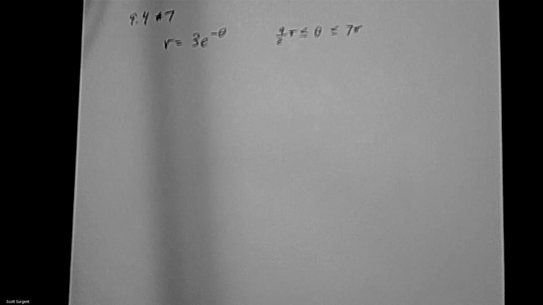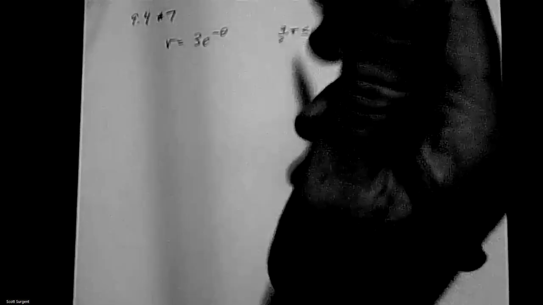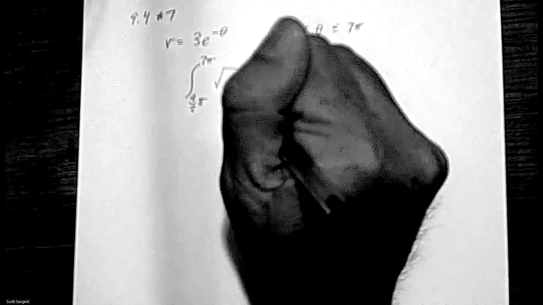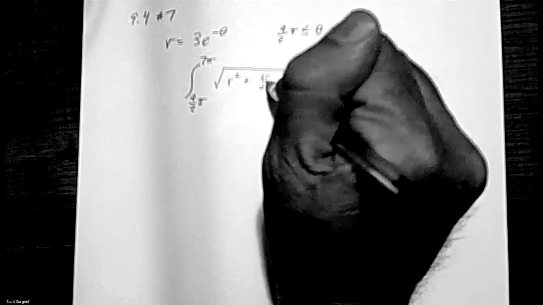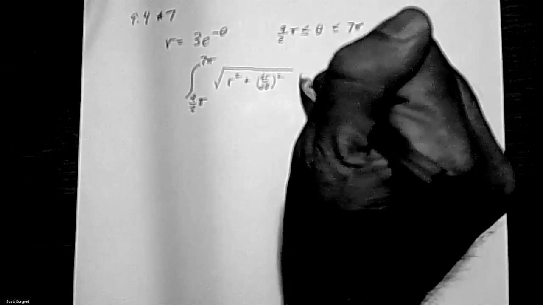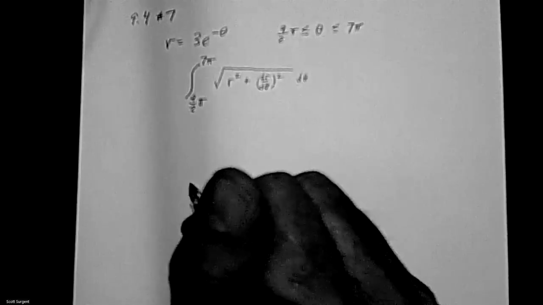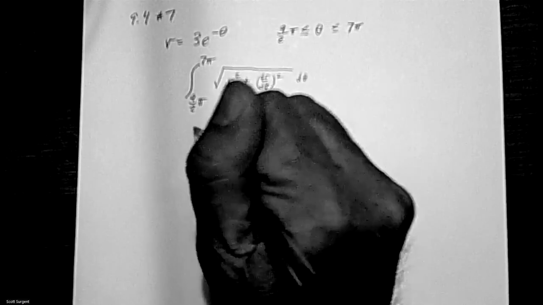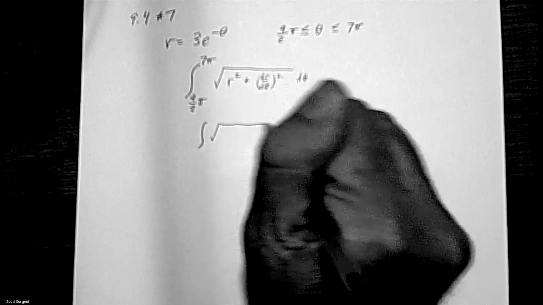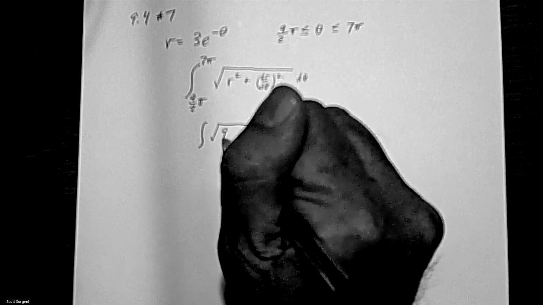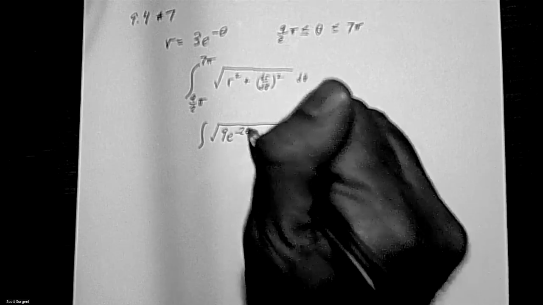So we're going to do the same thing we did with the other arc length. We're just going to set up an integral. The lower bound is 9/2 pi, top down to 7 pi. It's r squared plus the quantity dr d theta squared, d theta. So r squared, I'm going to ignore the bounds for a moment, is going to be 9e to the negative 2 theta.